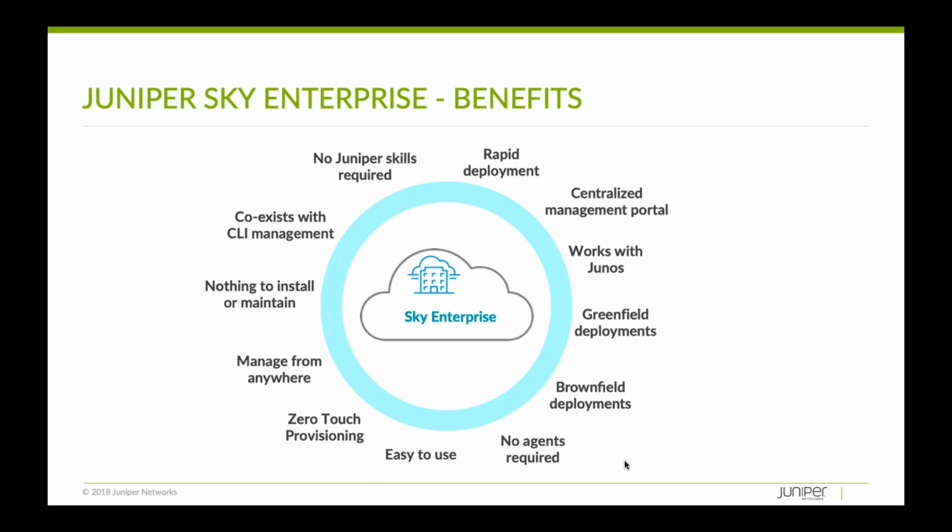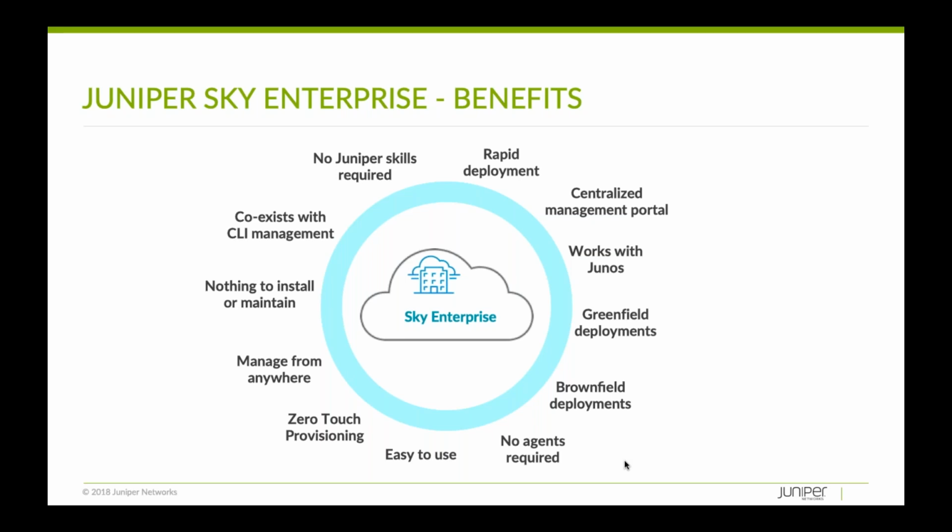So they went from having no management platform to having a centralized web-based portal for all their devices in virtually no time. Sky Enterprise works directly with Junos, so you don't need to install any agents.